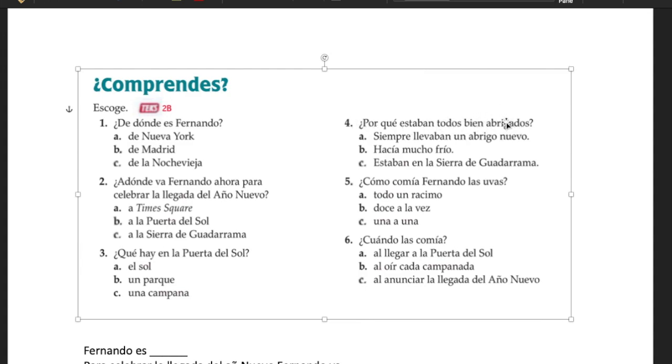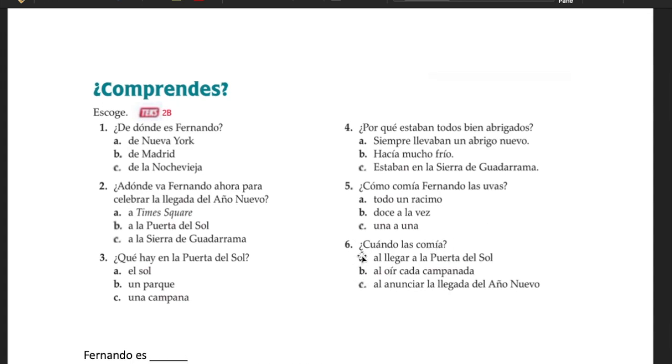Okay, that's one of the new vocab words. Number 5, ¿Cómo comía Fernando las uvas? How did Fernando eat the grapes? And the last question, 6, ¿Cuándo las comía? So we're talking about the grapes. So when did Fernando eat them, aka the grapes? So then you have your options there.